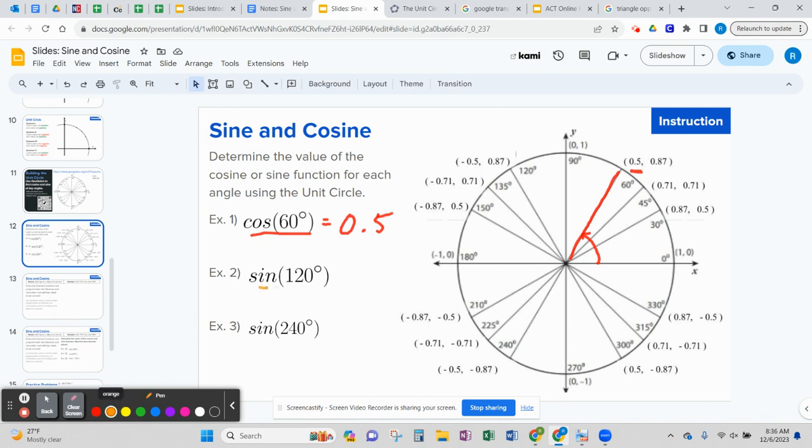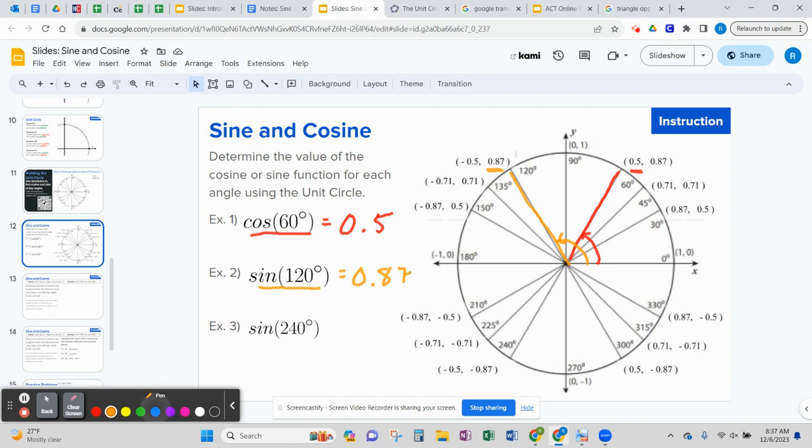If I want to go to my sine of 120, then all I need to do is rotate over to 120, trace up, and for sine, I'm pulling my y value, right? That's 0.87.